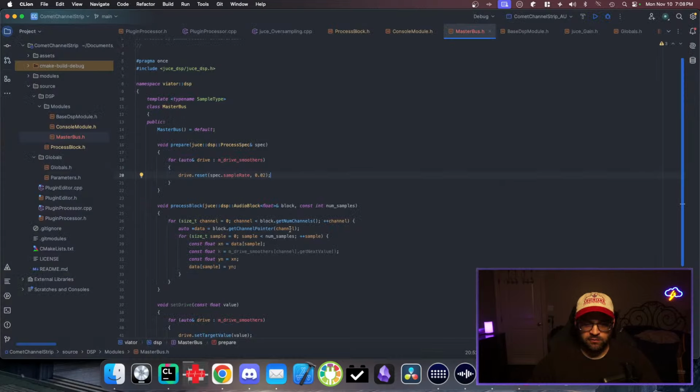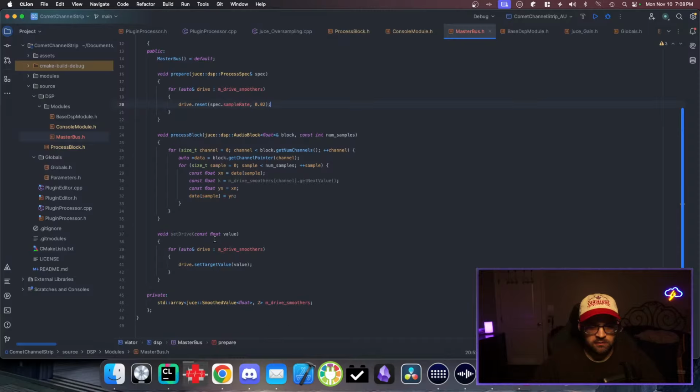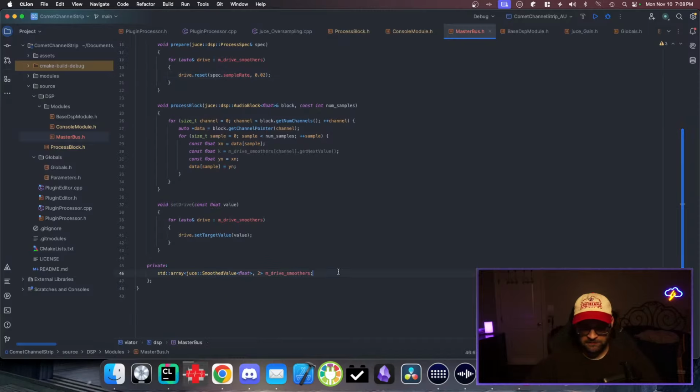We are going to create a function, and we're going to call this, I guess, just wave shaper. It'll be a static inline float, and we'll call it get wave shaped. So it's going to take in an input, obviously.